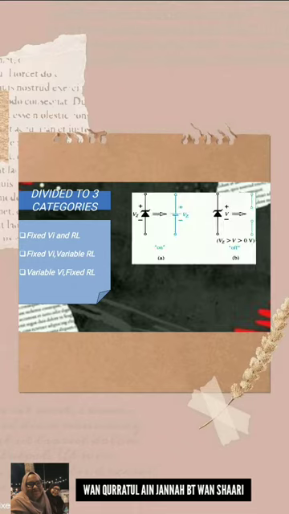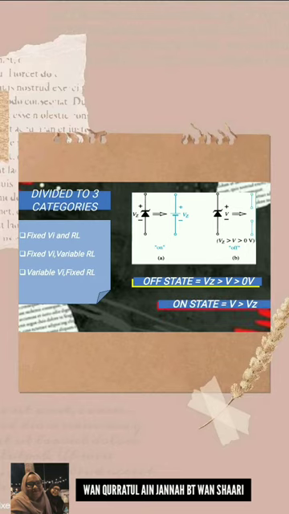Zener diode is divided into three categories. First, fixed Vin and RL. Next, Vin variable RL. And lastly, variable Vin fixed RL. It says that the diode will be in the off state when Vz is greater than V and greater than 0 V. When it's in the on state, V is greater than Vz.